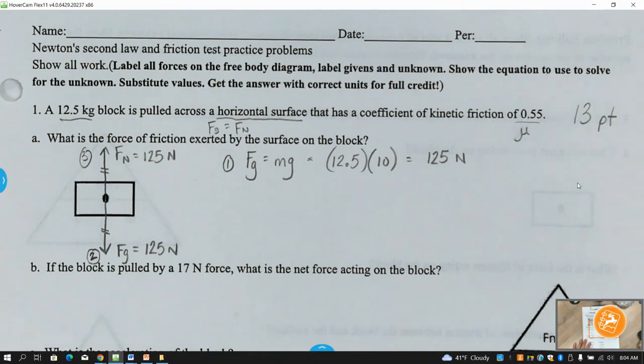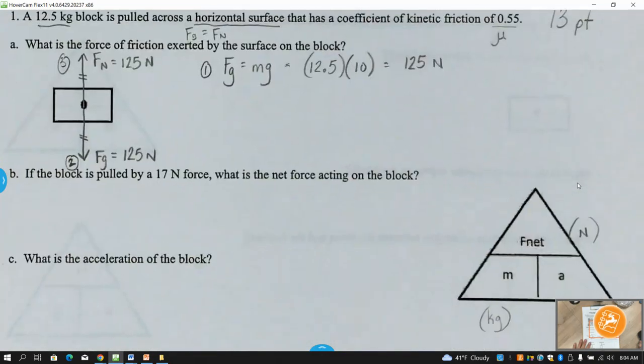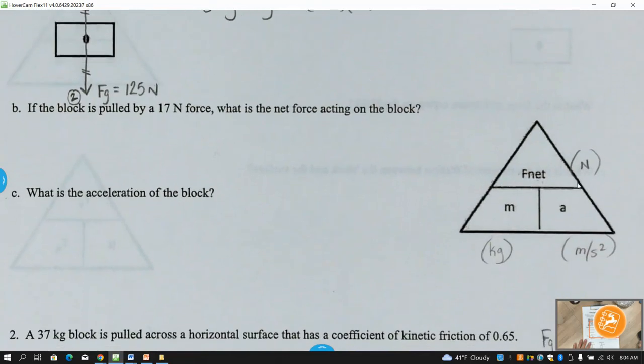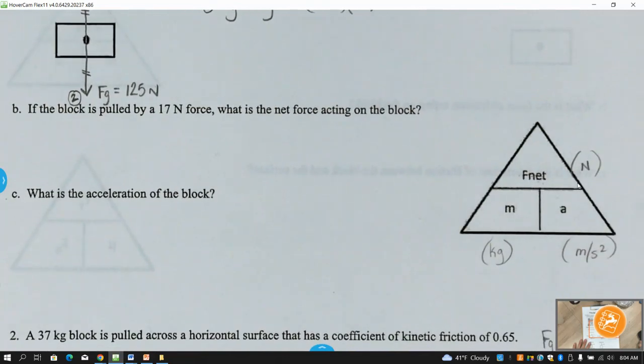What else can I do? They ask, what is the force of friction exerted by the surface on the block? So can I calculate friction, guys? It'll be my next question. Can I calculate friction?